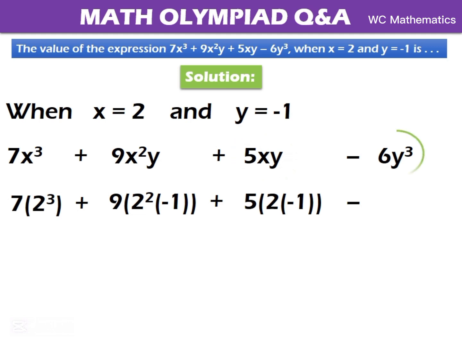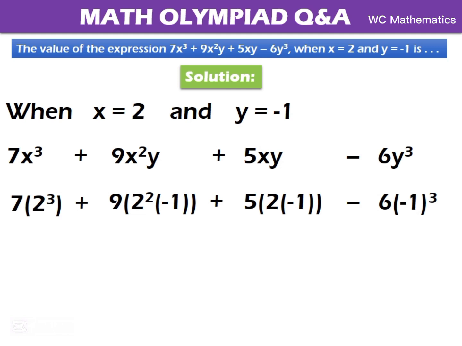And then the next term, 6y cubed, now becomes 6 into bracket minus 1 all cubed. That's minus 1 raised to power 3. For emphasis again, y has been substituted for minus 1. So y raised to power 3 now becomes minus 1 raised to power 3.